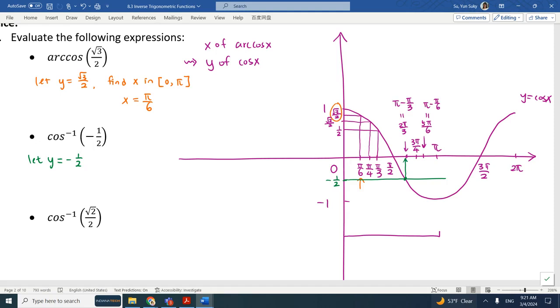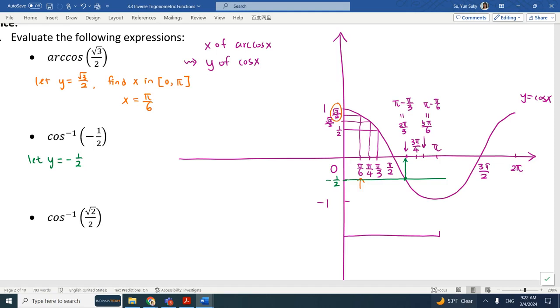So in the graph, first quadrant is 0 to pi over 2. Second quadrant is pi over 2 to pi. The third quadrant is pi to 3 pi over 2. The fourth quadrant, 3 pi over 2 to 2 pi. Yes, everybody? And the reference angle is always between 0 and pi over 2, an acute angle.